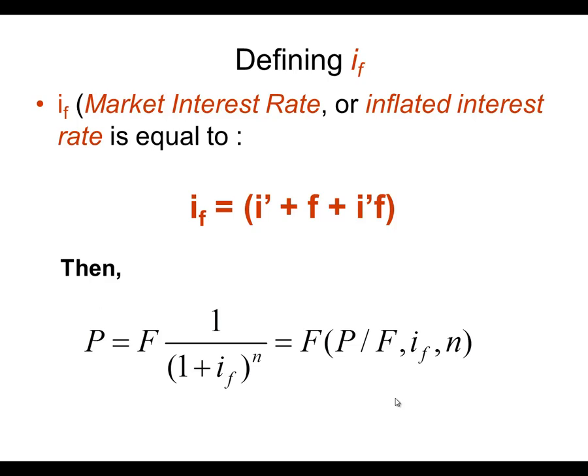That will be the new formula using the new adjusted interest. It can also be written as F multiplied by the factor P given F, with the adjusted interest i_f and number of periods n.